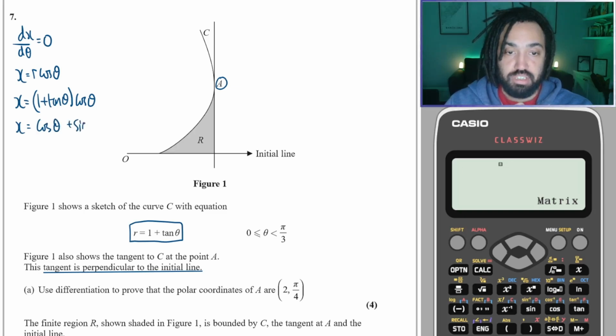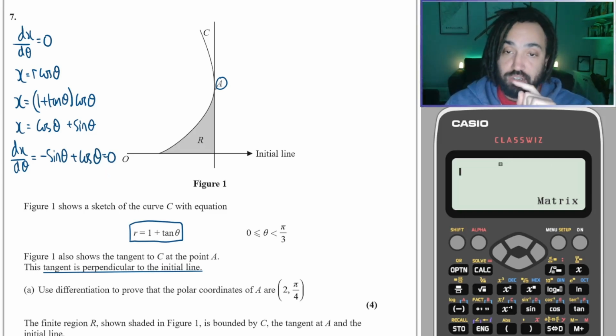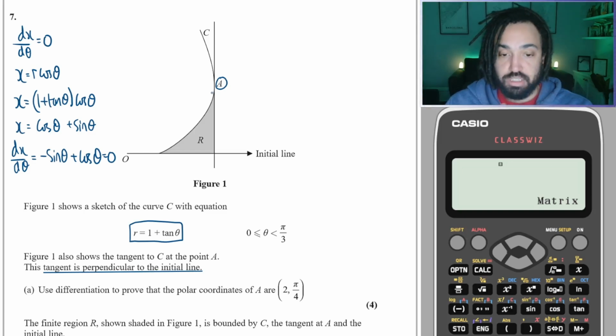So plus sine theta. And then we're going to differentiate that with respect to theta. Cos differentiates to minus sine, and sine differentiates to cos. And we're going to set that equal to 0 because that's going to tell us the exact point where the gradient is perpendicular to the initial line, which is the point A.